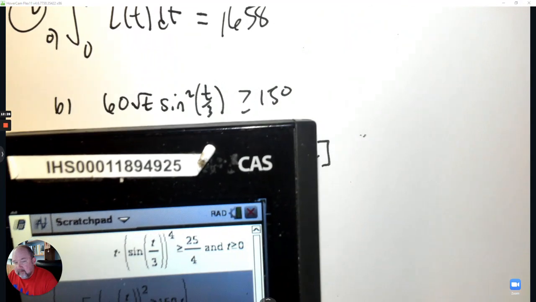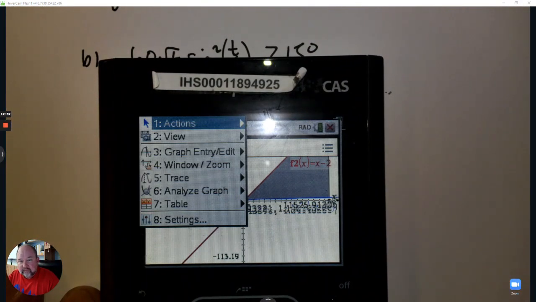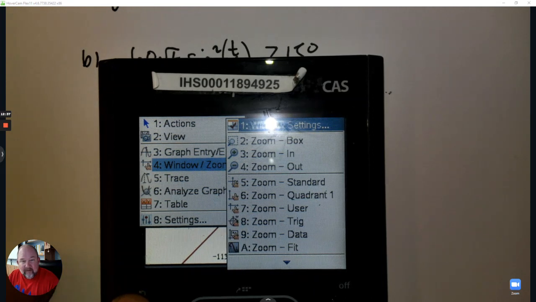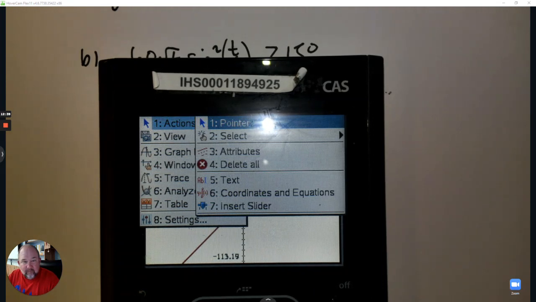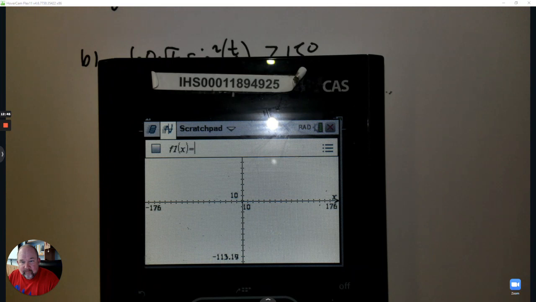So here's another way. Now that I'm thinking through it, get rid of this stuff. I'm going to type it in again with x.